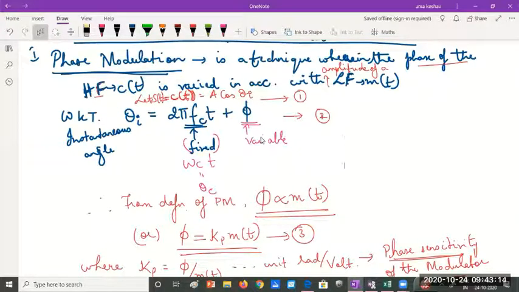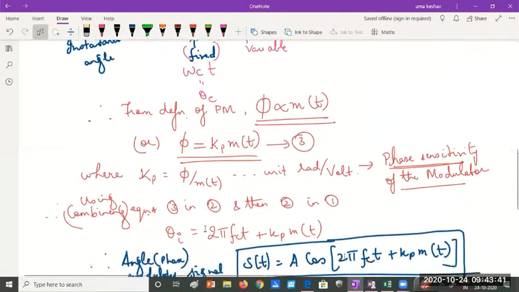Now from the definition of phase modulation, we can say the variable phase angle phi should be made proportional to the message signal. So I'll use this proportionality symbol. Now I want to remove that proportionality symbol and bring it to a definite equal to symbol. So I'll introduce a constant of proportionality, Kp. Phi is equal to Kp into m of t.